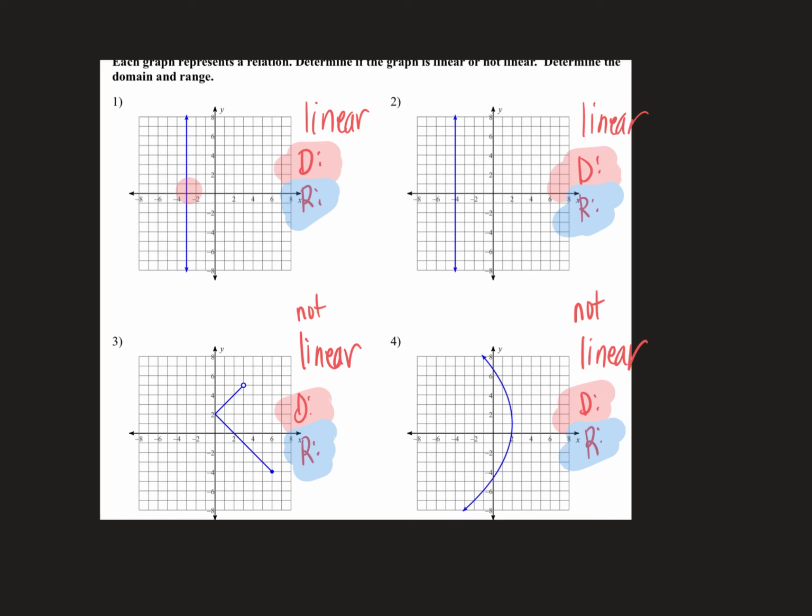If you were looking at left or right, then it only goes to that point. Let me grab a marker to this point. So my domain is -3. That's it, -3.